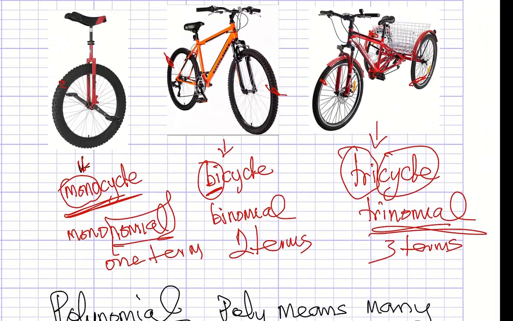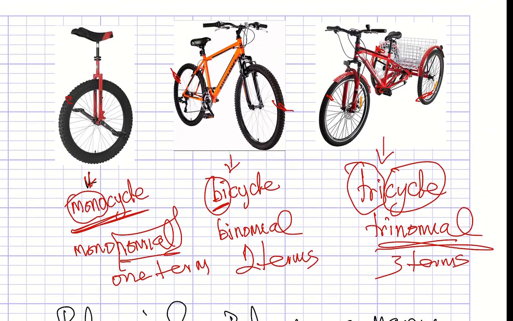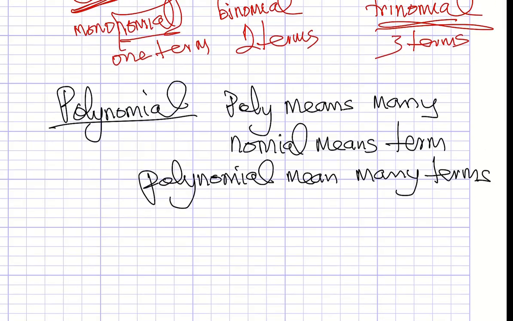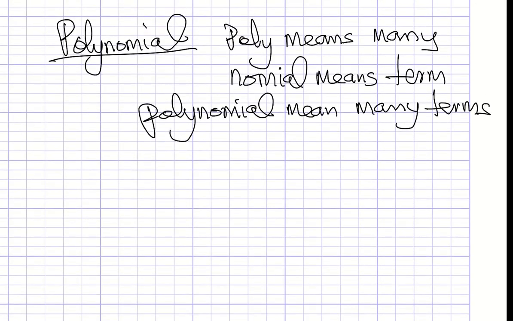I showed you those bikes, right? Monocycle, bicycle, tricycle. See the word poly. Poly means many. Nomial means term. Polynomial basically means many terms.